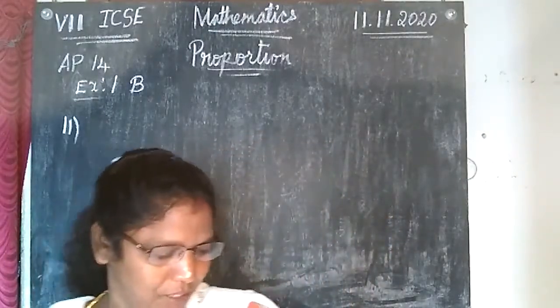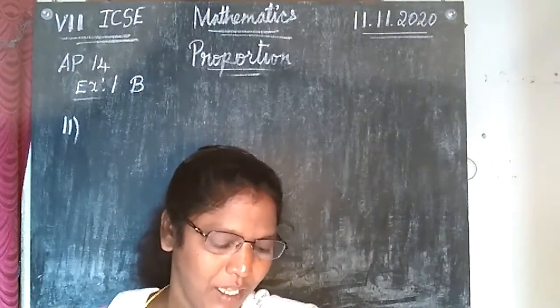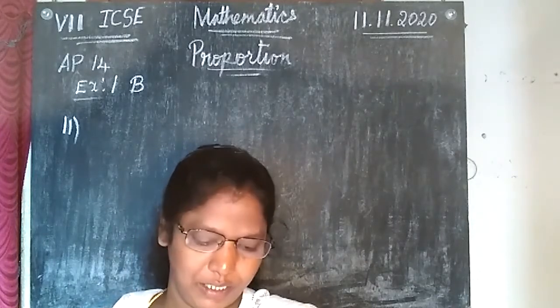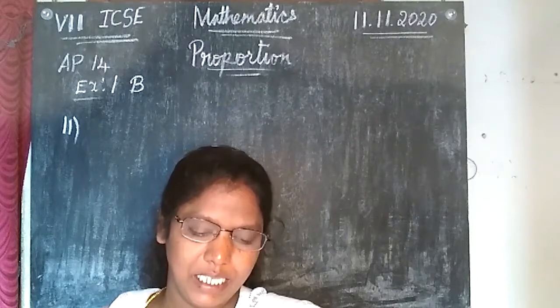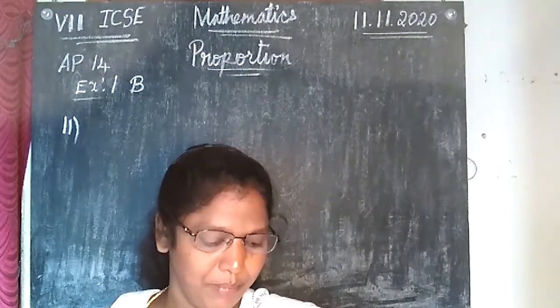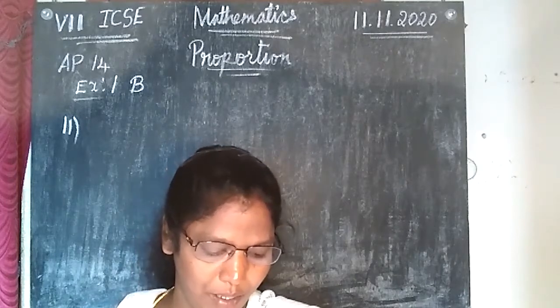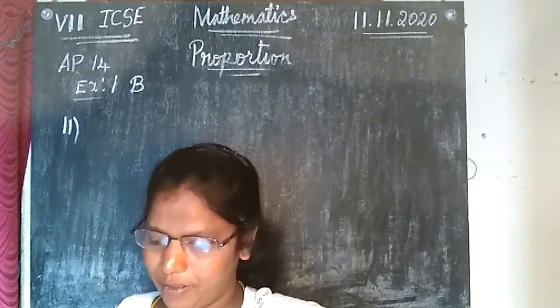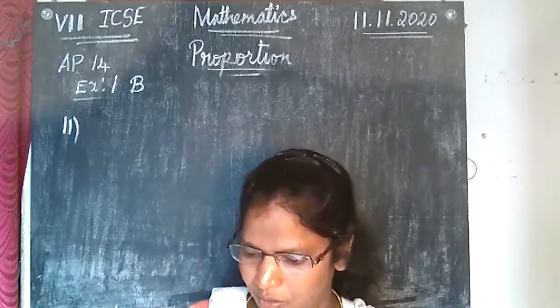Okay, children. Last sum of this exercise. In a triangle, the side AB is equal to 4 centimeter and the side BC is equal to 9 centimeter. If the side AC is the mean proportional to AB and BC, find AC. What is given here?